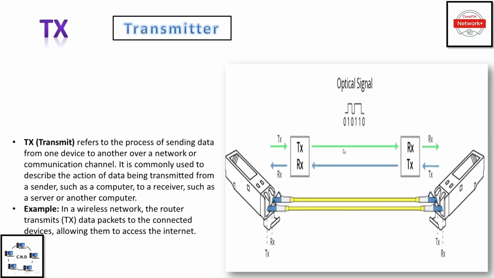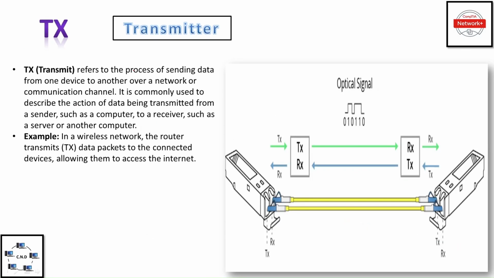TX, that is transmitter. TX refers to the process of sending data from one device to another over a network or communication channel. It is commonly used to describe the act of data being transmitted from a sender, such as a computer, to a receiver, such as a server or another computer. For example, in a wireless network, the router transmits data packets to the connected devices, allowing them to access the internet.